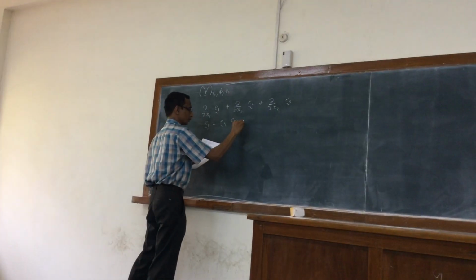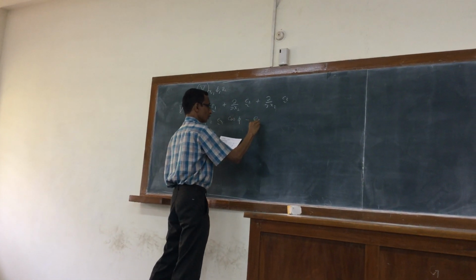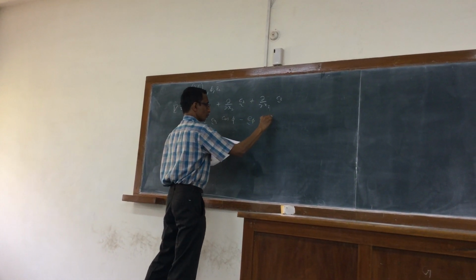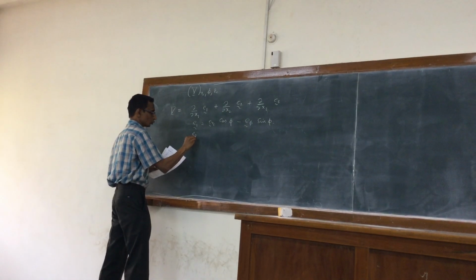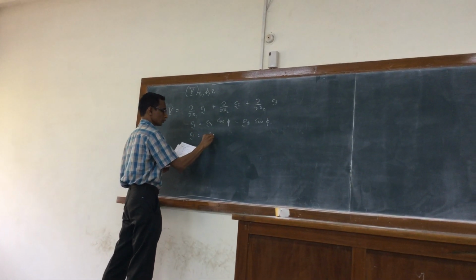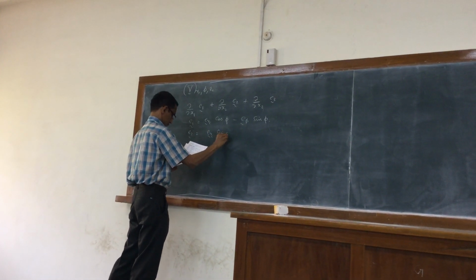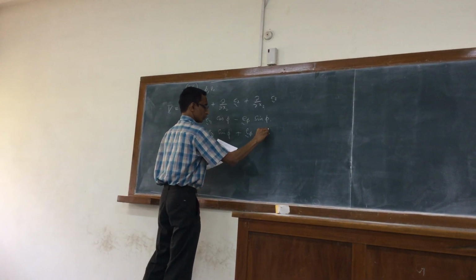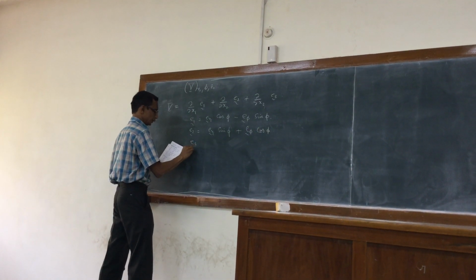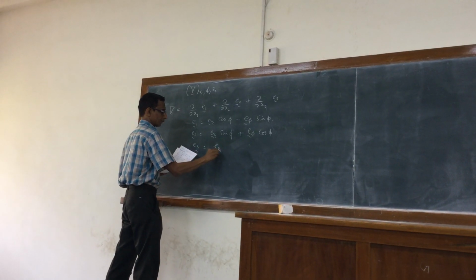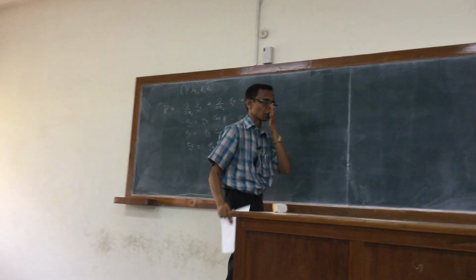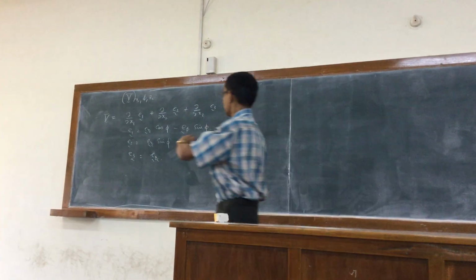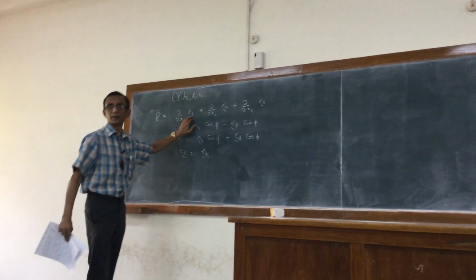I've already got this. E2, and E3 is given by EZC. So we have this formula. So all we have to do is substitute this here.